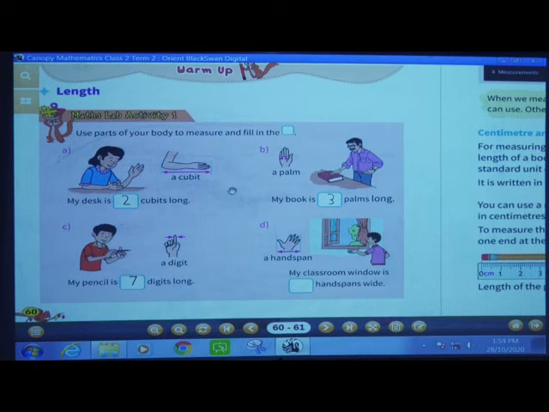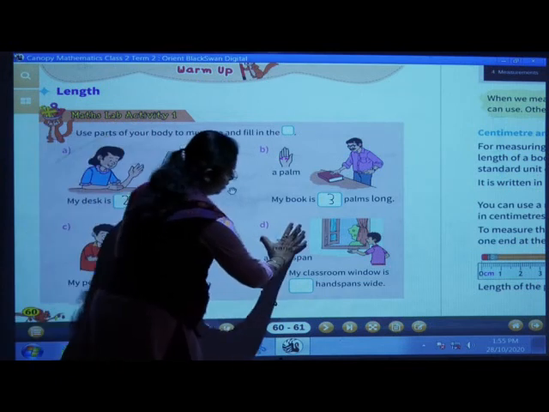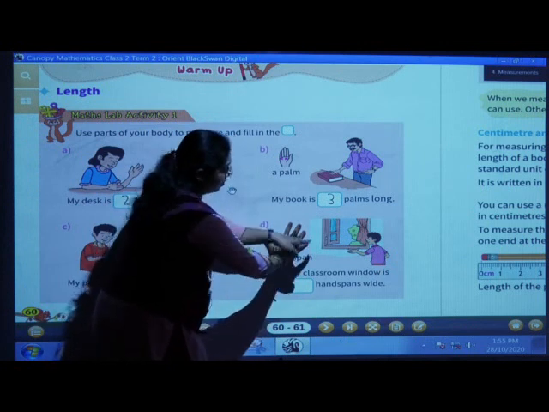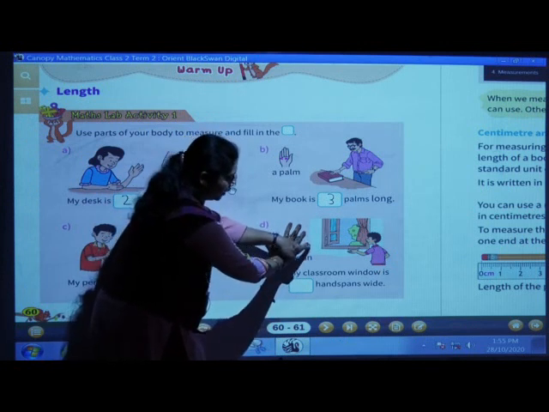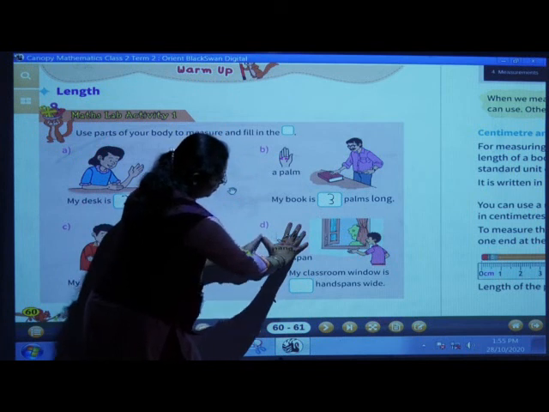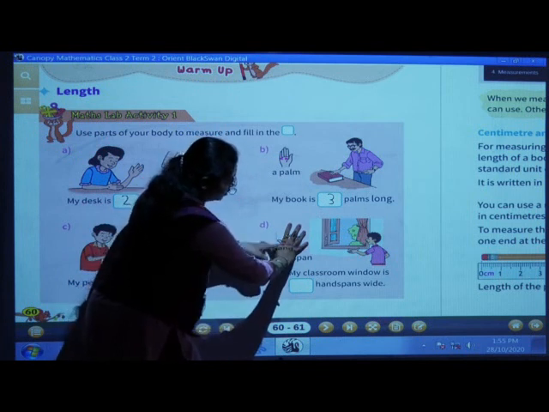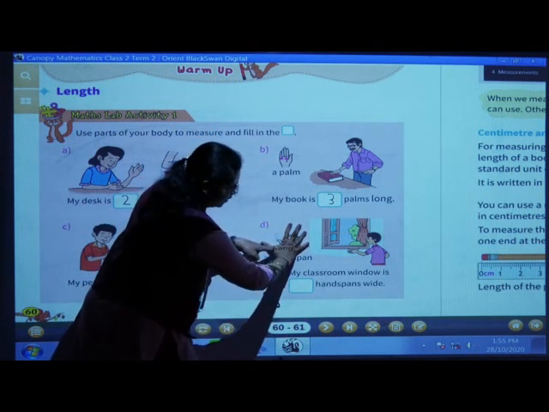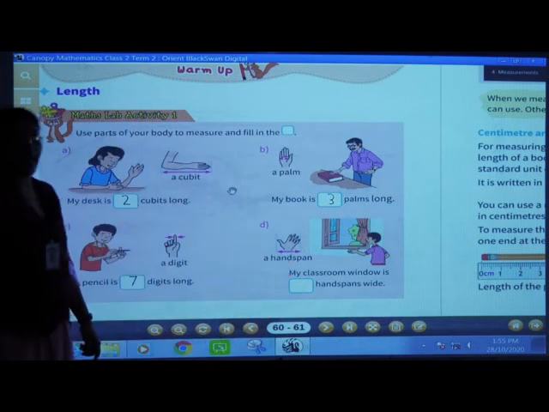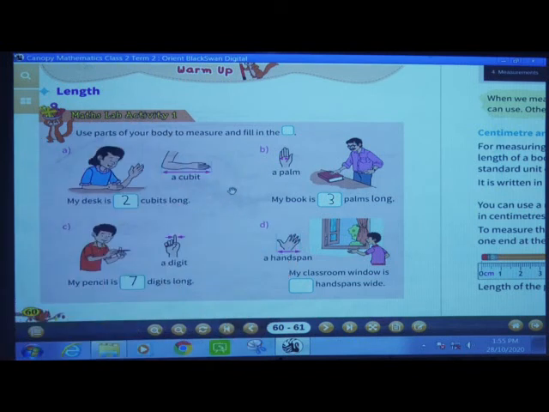It is the distance from the tip of the thumb to the tip of the little finger in a stretched hand. That is called handspan. My classroom window is dash handspan wide.